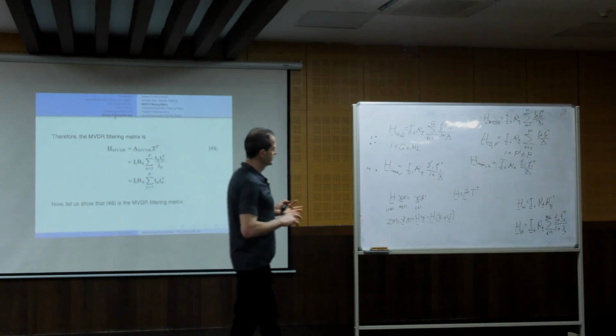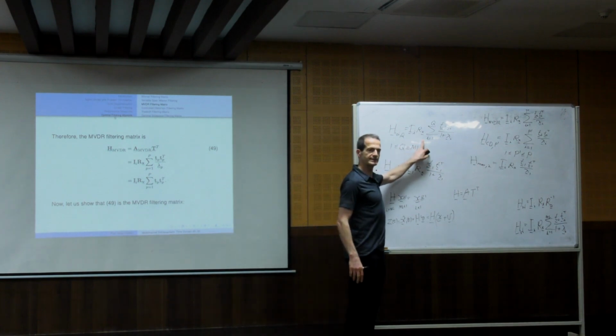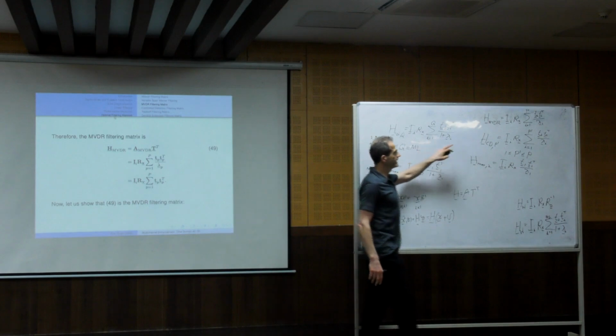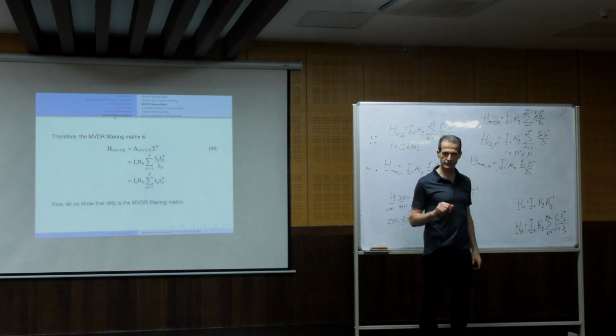If we have here a way to control between noise reduction and signal distortion, and here I have a way to control between signal distortion and noise reduction, which one is better? Which one is a better way to control this trade-off?